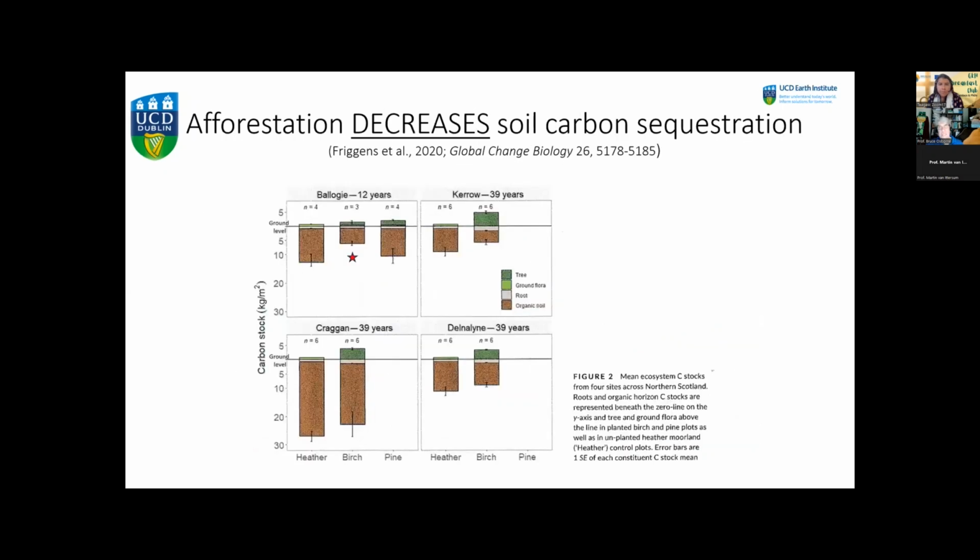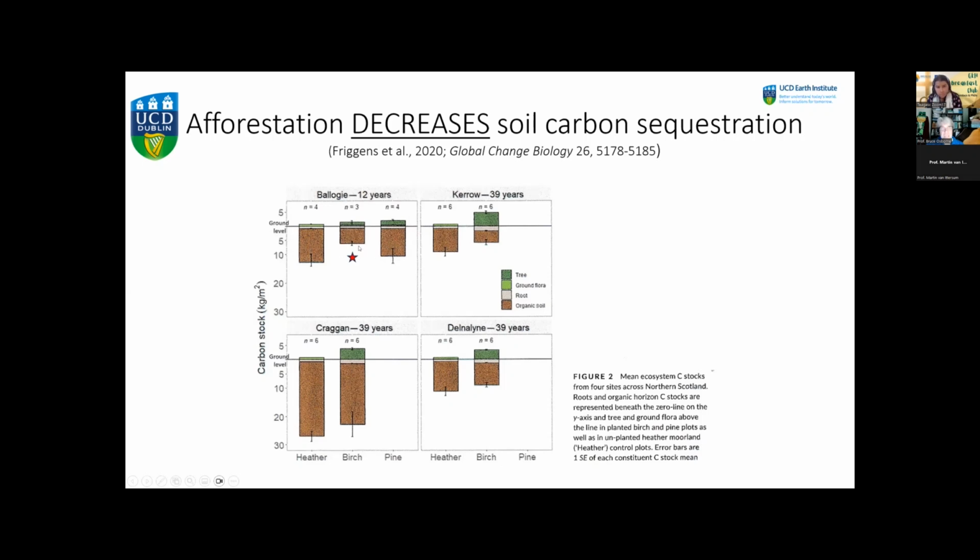And rather surprisingly, some recent analyses have actually shown that afforestation decreases soil carbon sequestration. So in each of these panels, the darker brown colors indicate the actual below ground carbon in the soil.